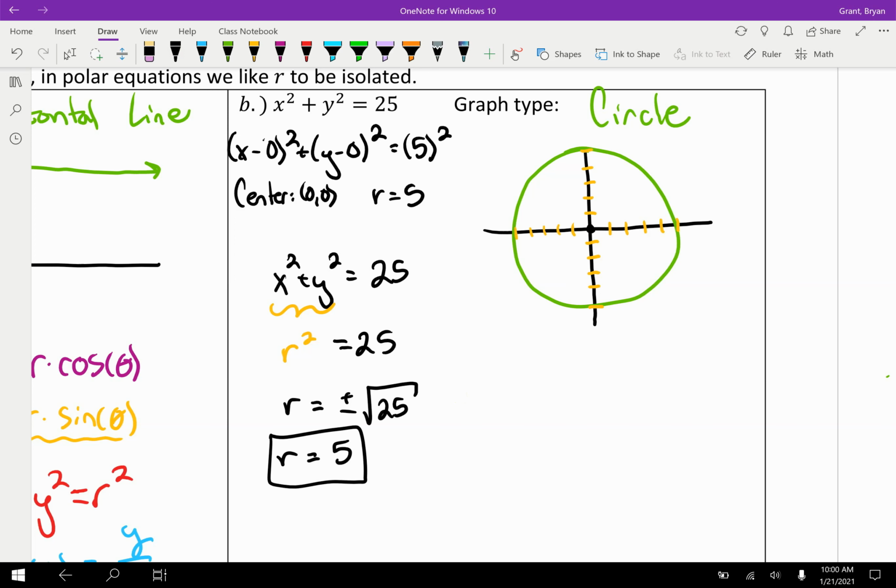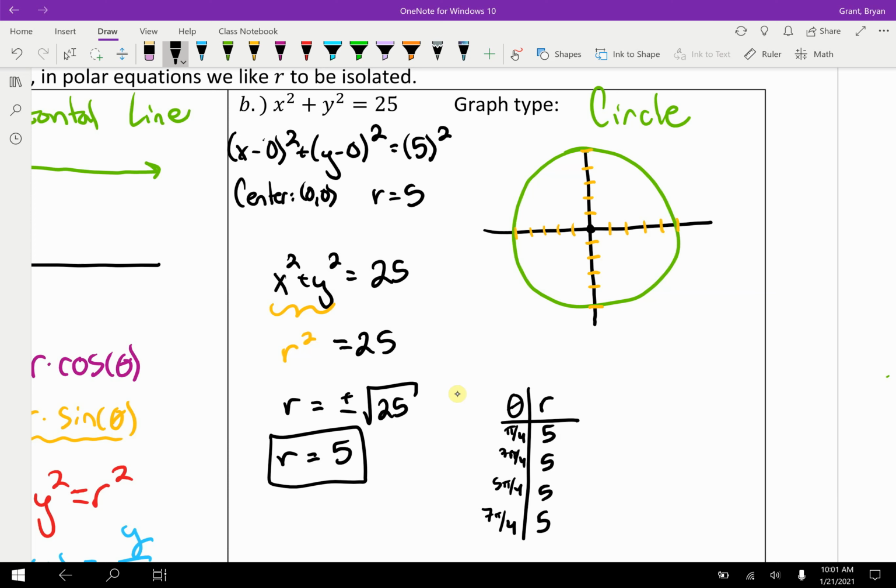Why is it r equals 5? Well, if you made a quick table, input, comma, output, and you just picked a whole bunch of different thetas, because theta isn't in this equation, it's not dependent on anything, r is going to be 5 every time. So maybe we could pick theta as pi over 4. Let's just do a lot of pi over 4s: 3 pi over 4, 5 pi over 4, 7 pi over 4. Well, look what we get up here.